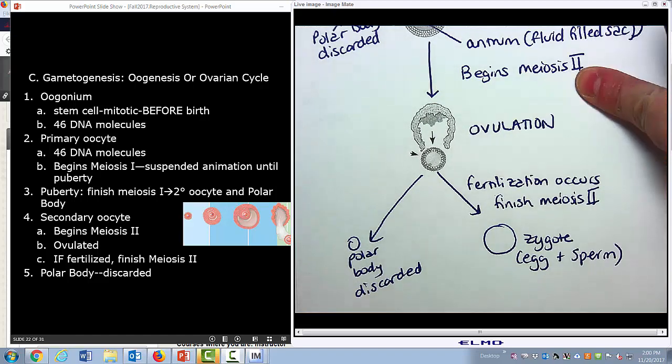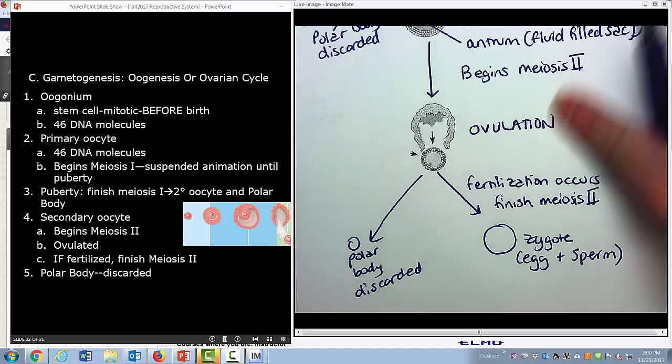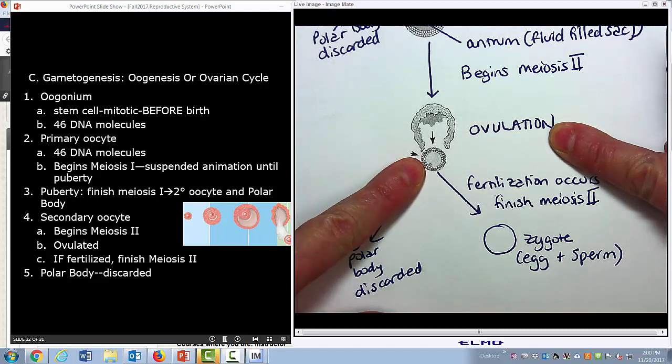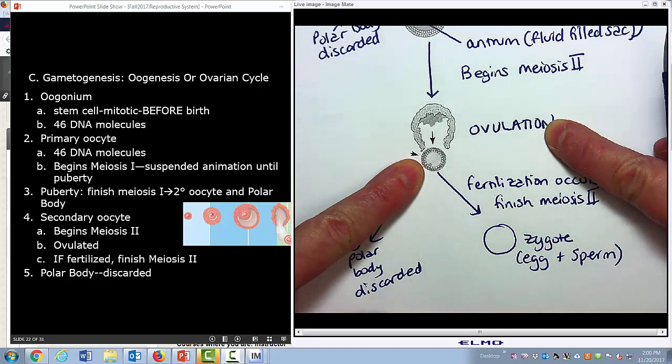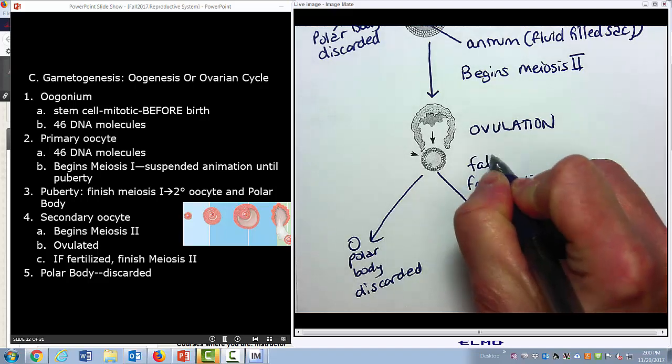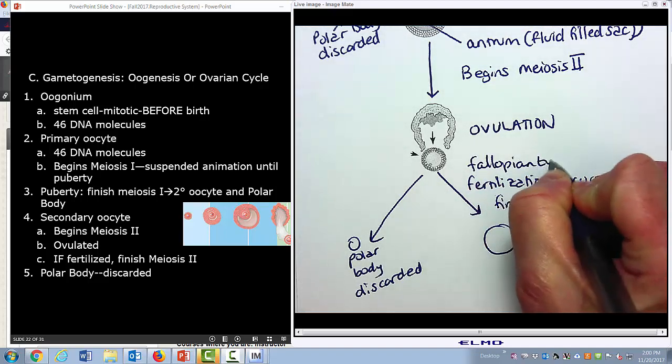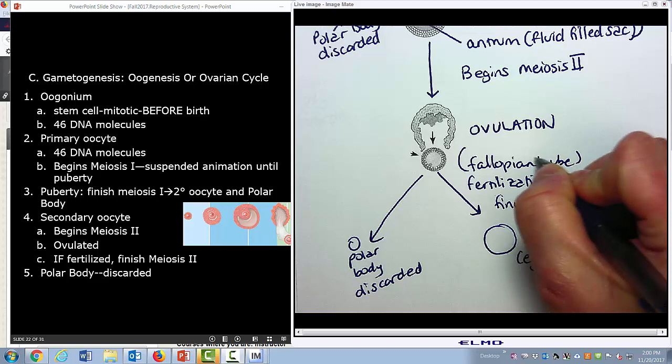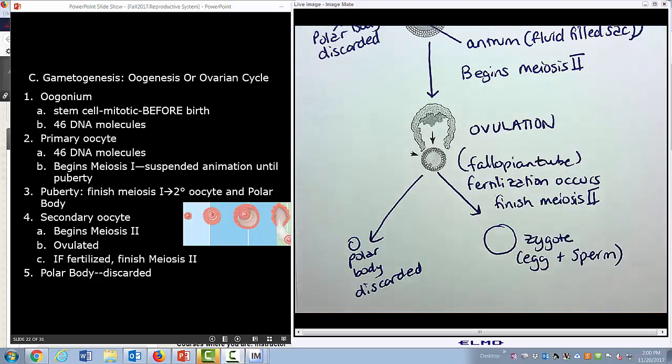It begins meiosis II under the influence of hormones during puberty and after puberty. We're going to trigger ovulation. The egg is released. It's traveling down the fallopian tube, and fertilization occurs. So within the fallopian tube, fertilization occurs, which causes meiosis II to go to completion.